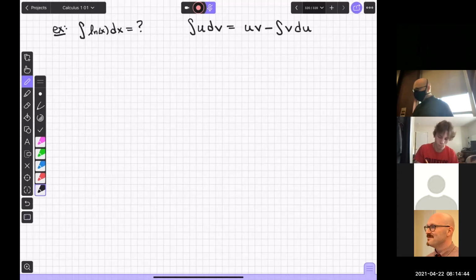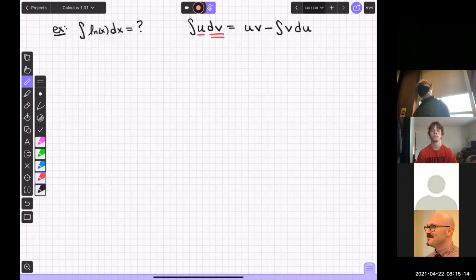Okay, now, when we have our theorem, there are two different things that we have to identify. We have to identify a u, and we have to identify a dv. And I'm going to be explaining that by doing this example. The u is what we choose. The dv is all the rest. Okay? So the u is what you choose, and the dv is all the rest.